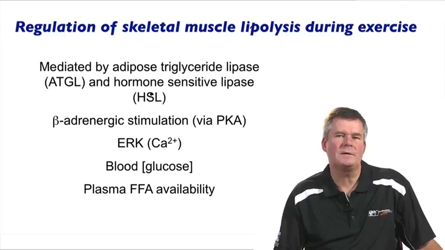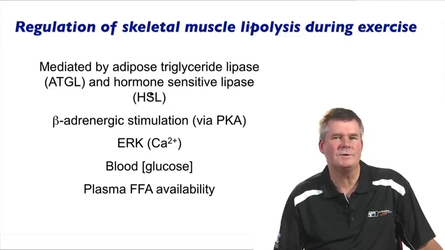A calcium-dependent kinase known as extracellular regulated kinase, or ERK, is activated in response to calcium, which increases during muscle contraction, and that will stimulate lipolysis. The blood glucose concentration will tend to inhibit the hormone-sensitive lipase. And interestingly, as I showed you in that earlier slide, if free fatty acid availability is reduced, then there'll be an increased reliance on intramuscular triglycerides.